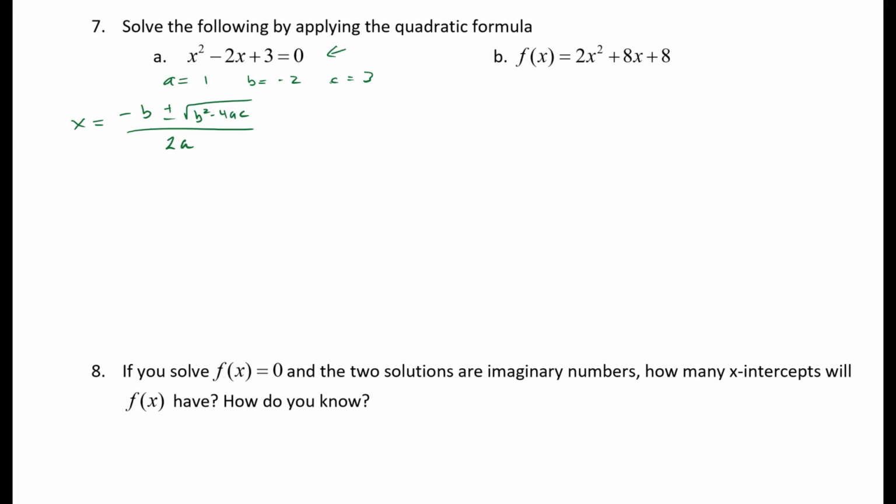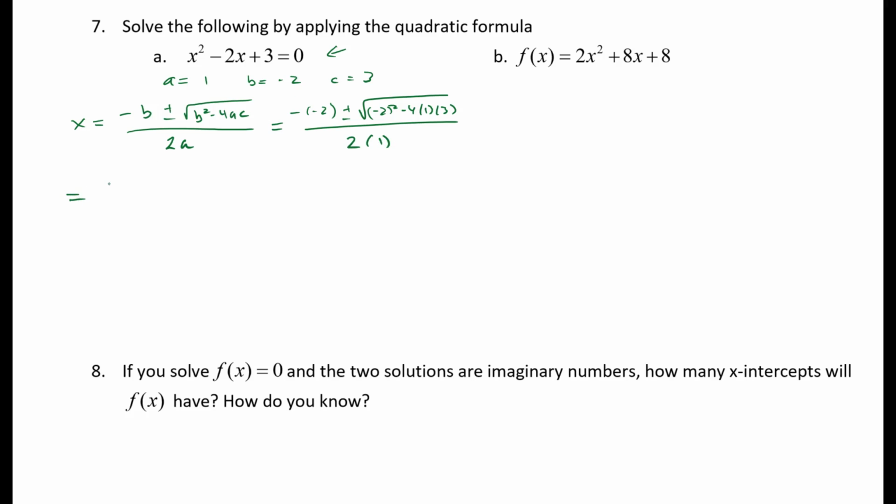And then it's just quote unquote plug and chug from here. So -b is negative of -2 plus or minus -2 squared minus 4, a is 1, c is 3, all over 2 times a, which is 1.